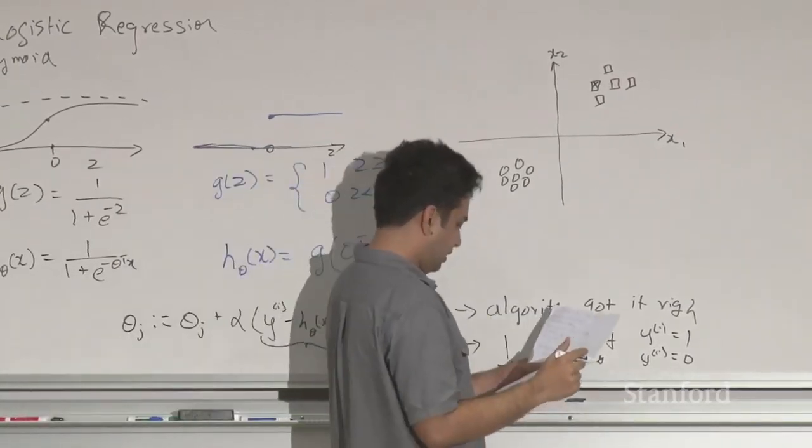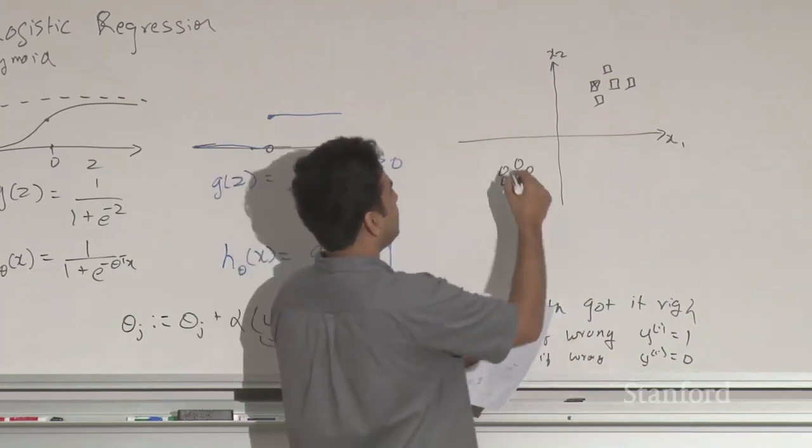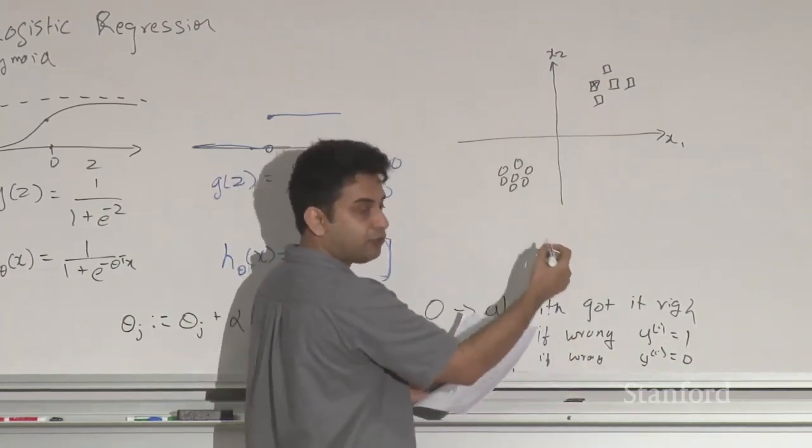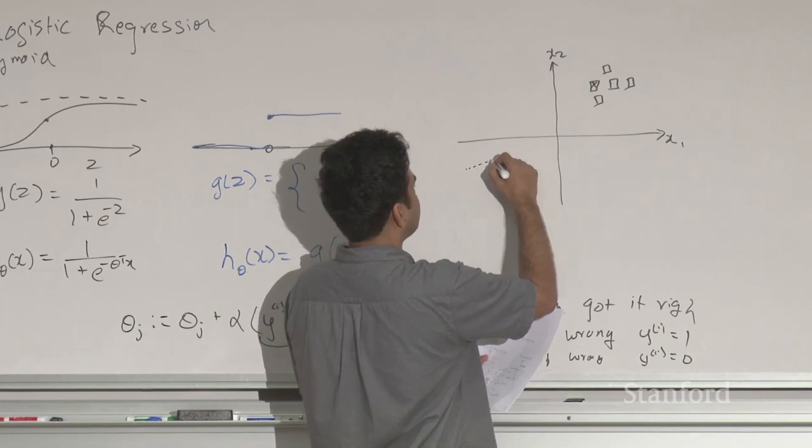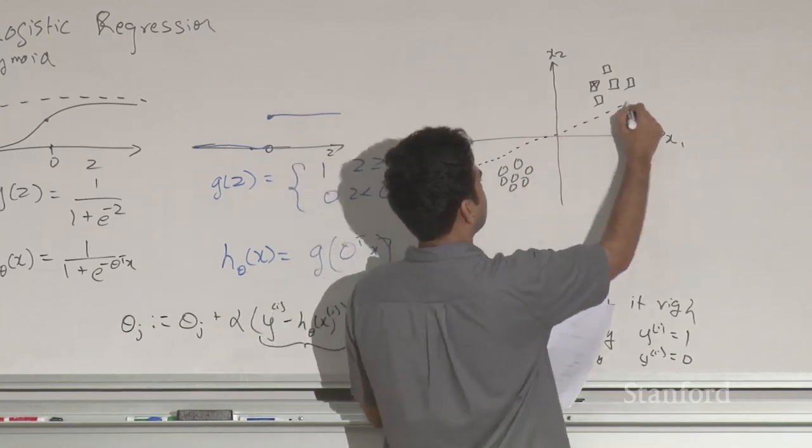Imagine that what the algorithm has learned so far is a theta that represents this decision boundary.